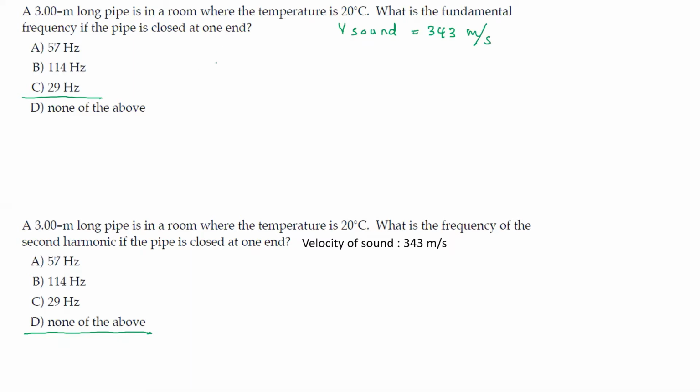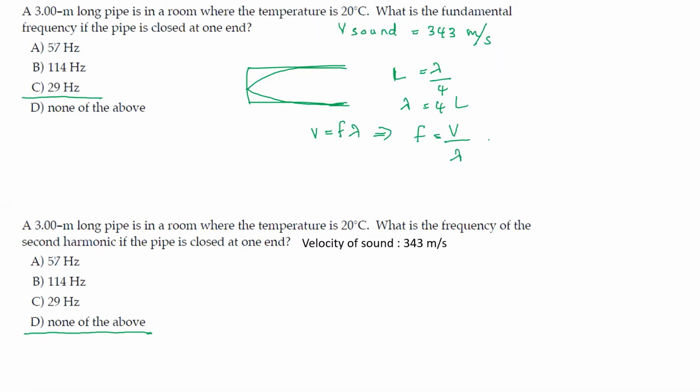Let's see. A long pipe is in a room at room temperature. What is the fundamental frequency if the pipe is closed at one end? Fundamental means this wave pattern, right? So here your L is equal to lambda over 4, so your lambda is 4 times L. And frequency is given by velocity divided by lambda.